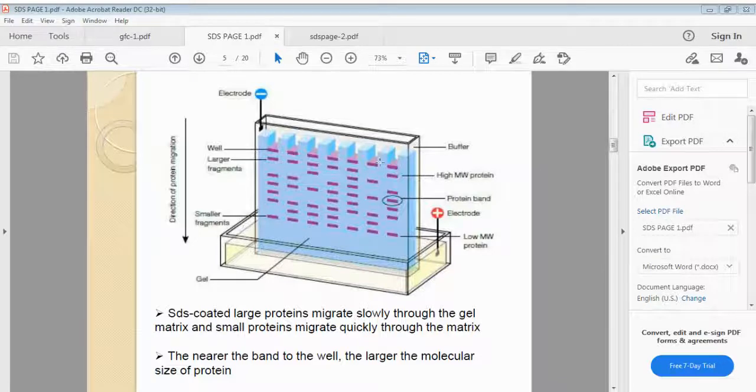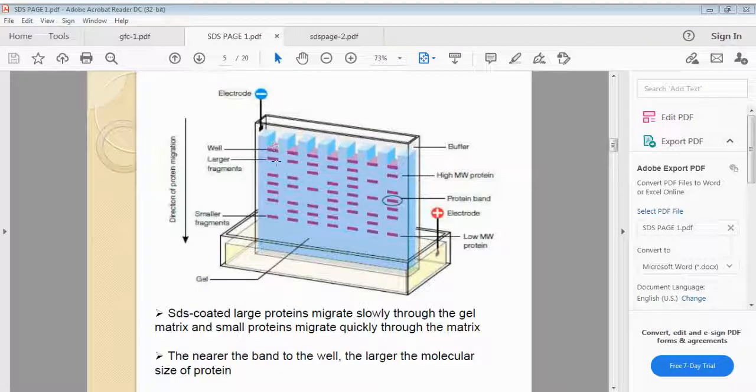Now you can see this is the apparatus for gel electrophoresis. It contains a large trough or a tank where the buffer will be placed. You can see the vertical gel electrophoresis setup. There will be two gel plates, and in between the two gel plates the gel will be formed.